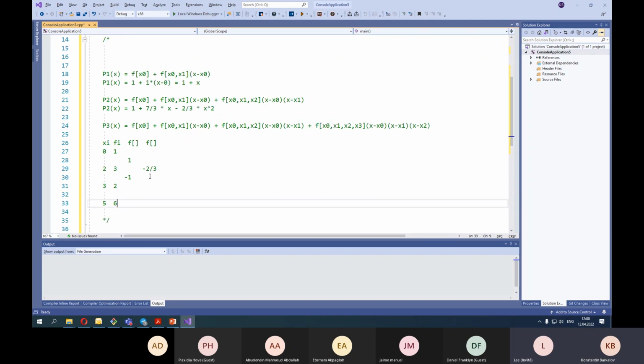And what should we do to compute the next divided difference? Compute this divided difference using these two values. After that, we should compute this divided difference using previously computed this and this. And finally, we have these values, and we can compute the last divided difference.